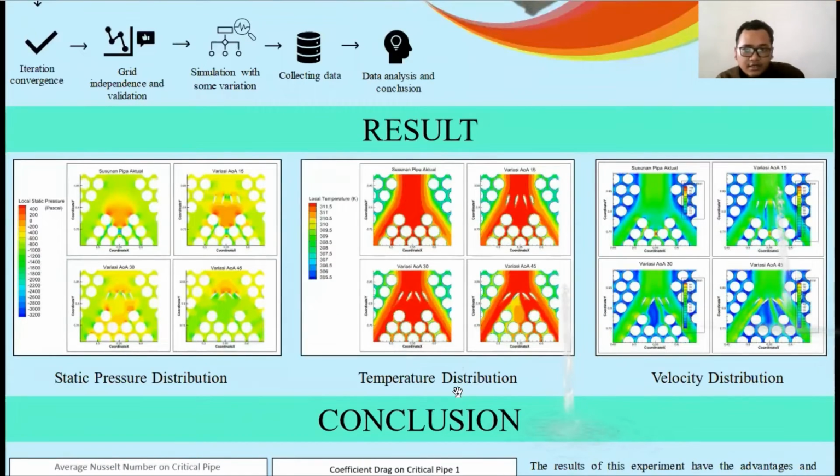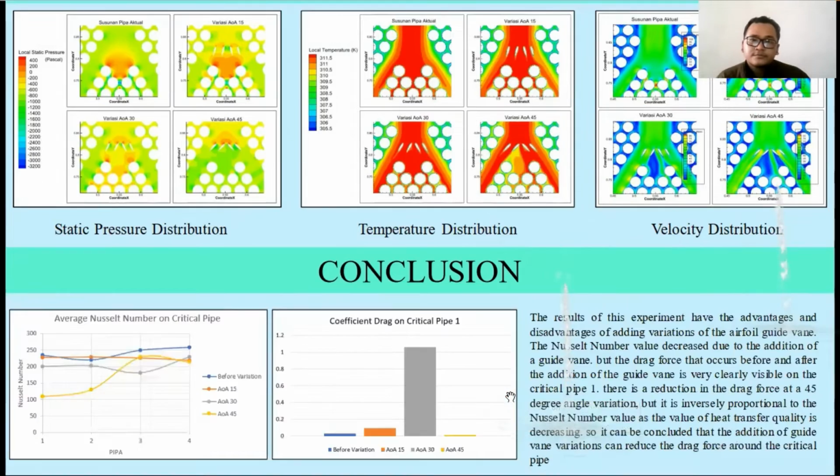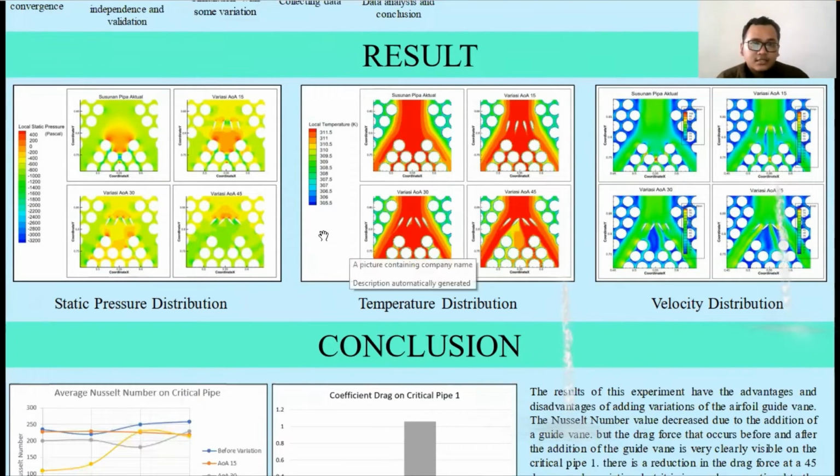So this is my result. I plotted some contours here: the static pressure distribution, then the temperature distribution, and third the velocity distribution. As you can see, this is the static pressure.